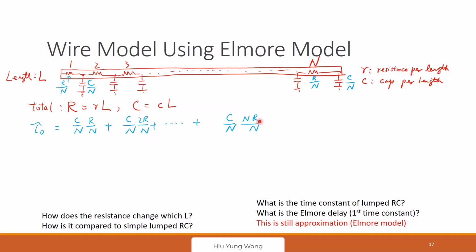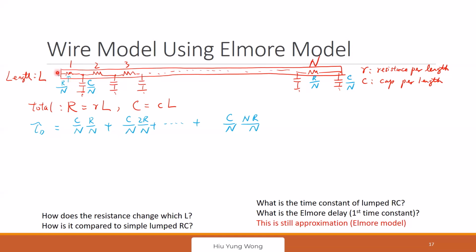Anyone has questions? This class is very quiet. Does it make sense to you? I'm trying to use Elmore's model to divide. Professor, can you just tell how did 2R by N come once again? Yes. We want to find the shared resistance between two paths.